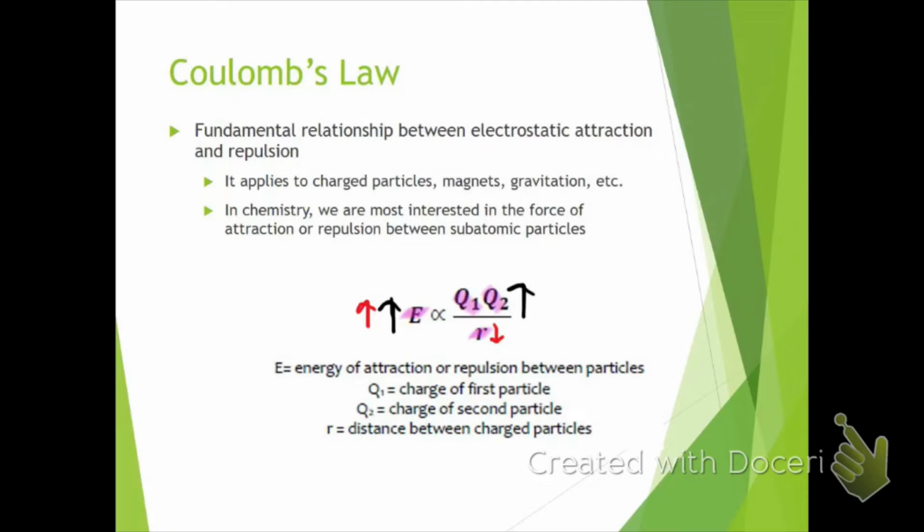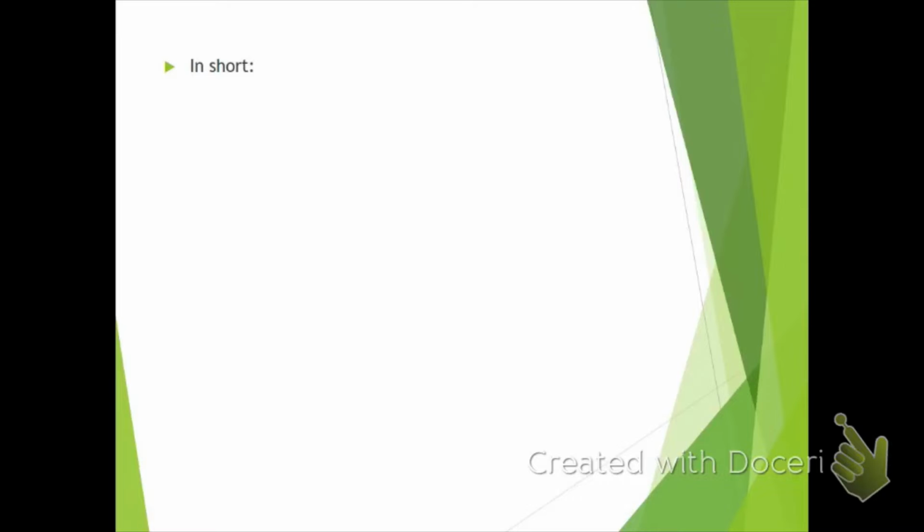So the closer together these particles are, the more they're going to attract or repel each other due to that decreased distance. So again, in short, the big things to know here: energy of attraction or repulsion is going to increase as the size of those charges increase as well.